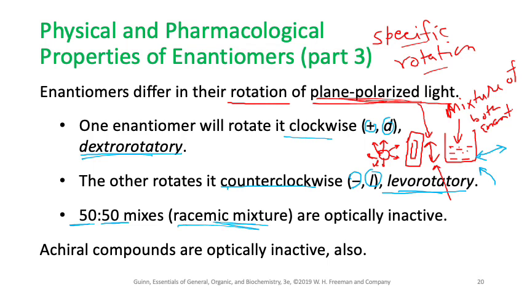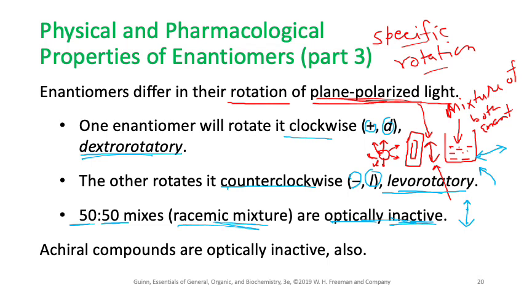So there is equal force in both directions, and there won't be any net effect. The light will come out exactly as straight as it entered, right? So that means the racemic mixture is optically inactive. Why optically inactive? Because it didn't rotate the plane polarized light in either direction, right?